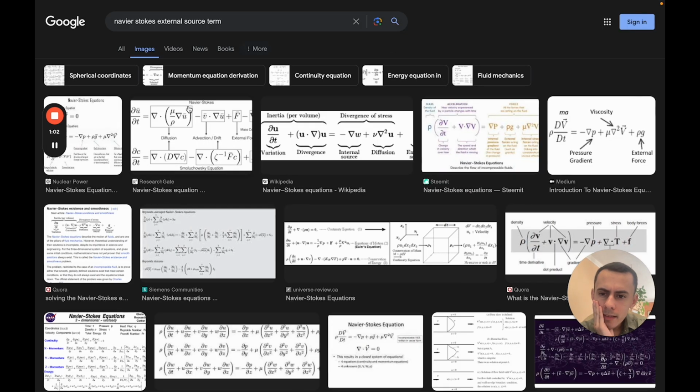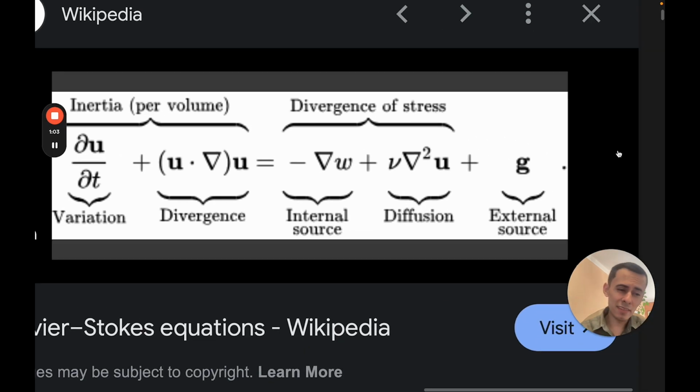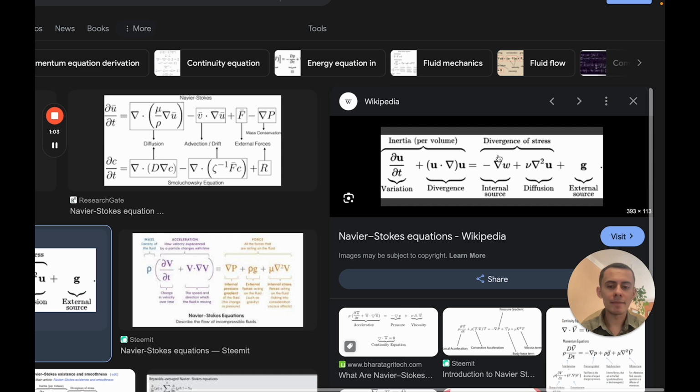Like the force of gravity, if you want to simulate that, sometimes you don't. If there's an external source on the fluid, then it wouldn't be equal to 0. It would be equal to a force or an external source, whatever.